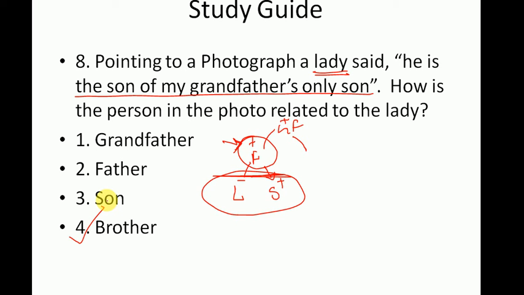So the son and daughter of the same father are known as brother and sister. But here, how is the person in the photo related to the lady? So I have to find this man with respect to the lady, and this man will be brother. If the question were asked like, how is the lady in the photo related to the man, just the opposite question would be asked. Then what will happen?